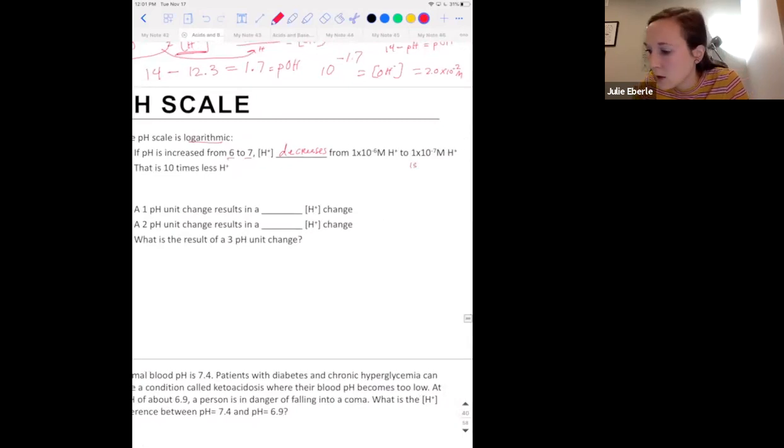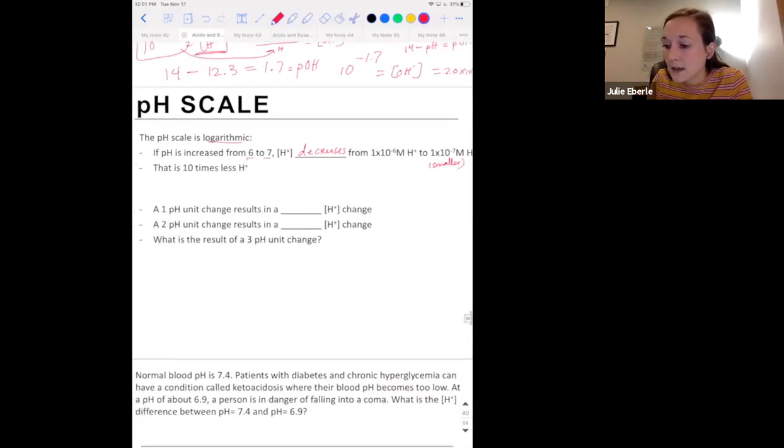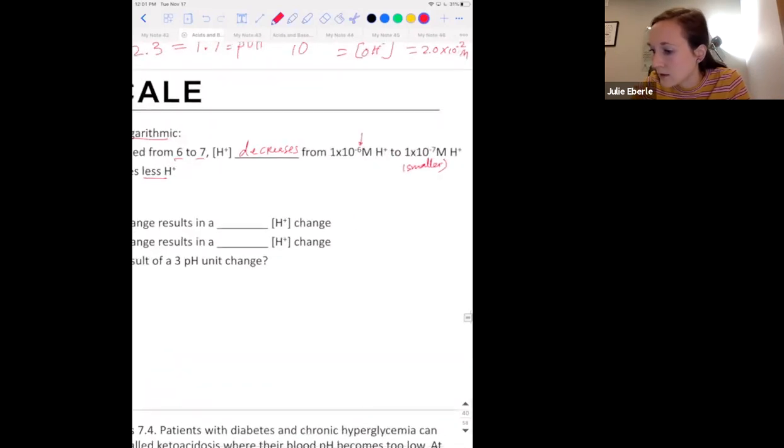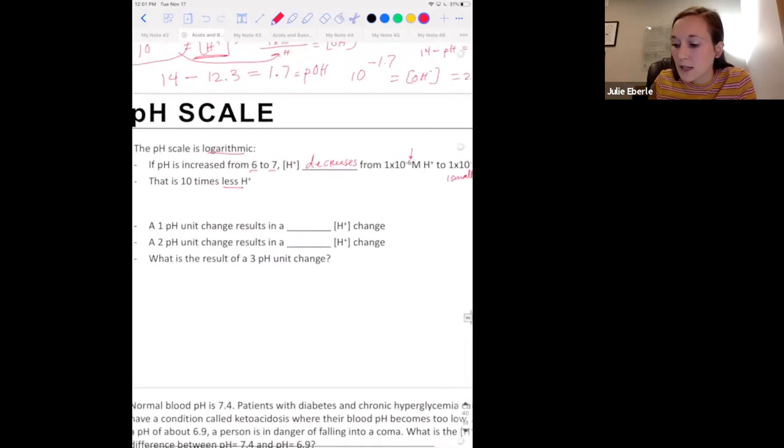This number is smaller, so it's a decrease. That is 10 times less H plus because our exponent is different by 1. So if it increases one whole unit value, you have 10 times less H plus.